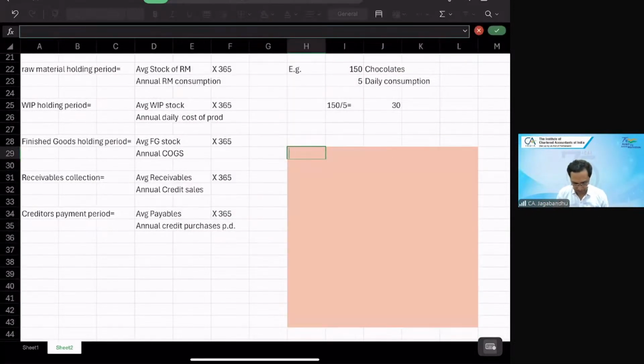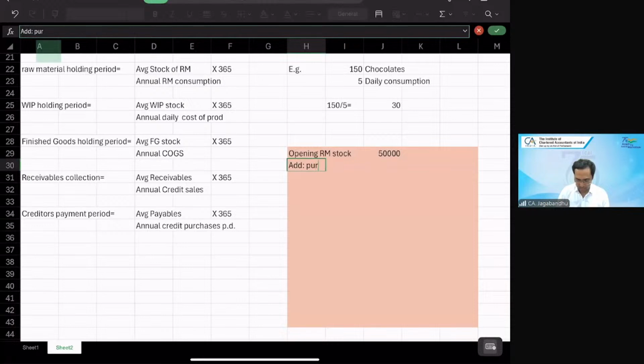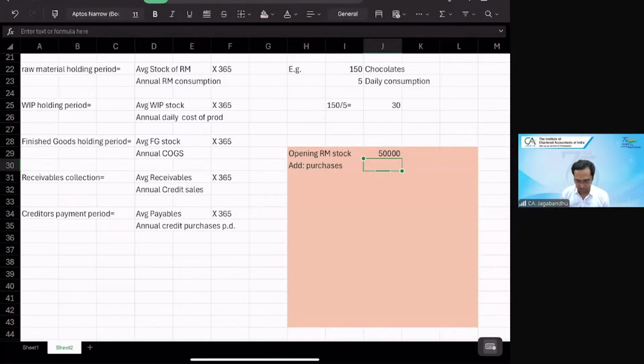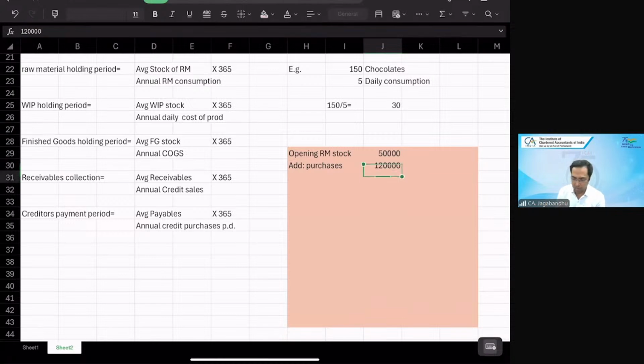Okay, so we have opening raw material stock, let's say 50,000. Add purchases of 12 lakh.